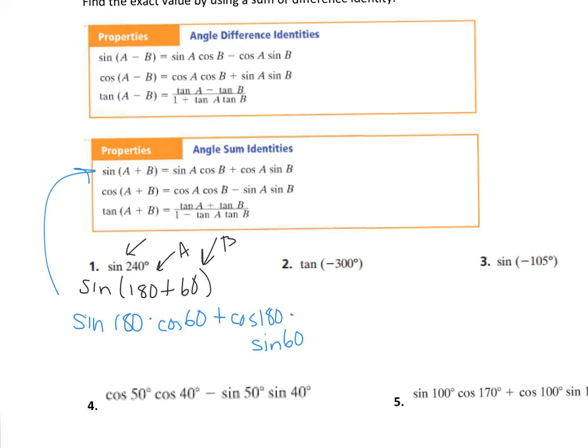So if I evaluate sine of 180, that's the y value at 180 degrees, that's 0. So this part's going to be 0. And the cosine of 180 is negative 1, and the sine of 60 is root 3 over 2. So in the end, I get negative root 3 over 2.